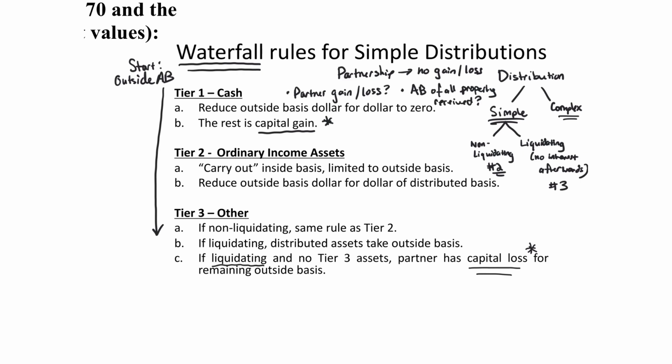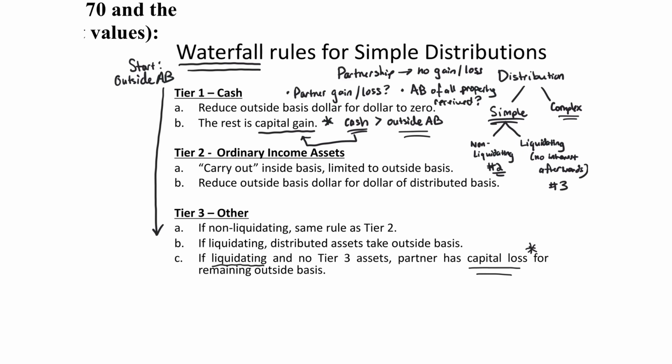Now, if there's not enough basis, so if the cash amount received is greater than the outside adjusted basis above tier 1, that's when you're going to have, in a simple distribution, capital gain. That's the only time you can have gain in a simple distribution, if the cash amount received in the distribution is greater than the outside adjusted basis. And the reason for that is you can't have negative basis in a partnership interest. Just can't have it. So we create gain to make sure your basis is at 0 going forward.